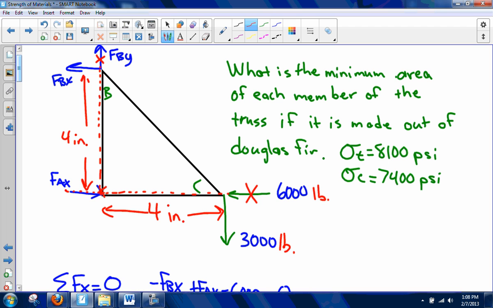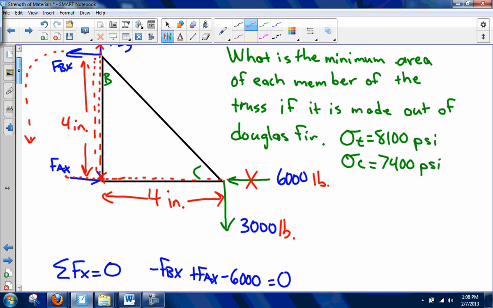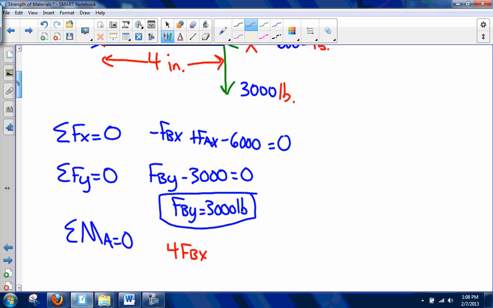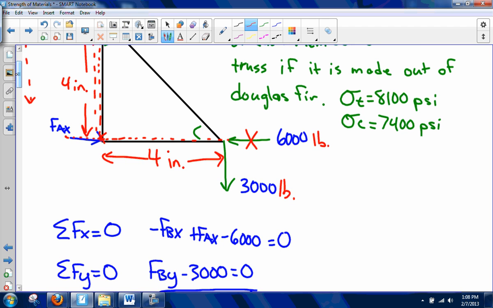So I have to look at this FBX. It's an X force, so I need the Y distance between it, and it's going to cause a counterclockwise moment. So that's going to be 4 FBX. And since it's counterclockwise, it's going to be positive. The other one is this 3,000. It's a Y force, so I need the X distance away, which is also 4.